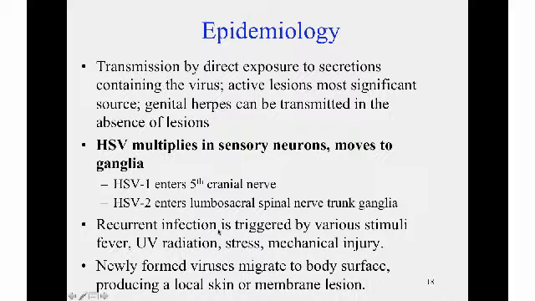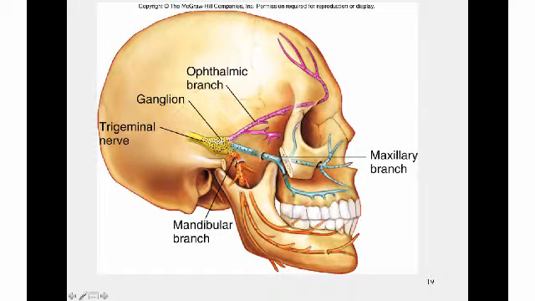And recurrent infection or recurrent outbreak is triggered by various stimuli such as fever, UV radiation, stress, and mechanical injury. And the newly formed viruses migrate to the body surface after this trigger has occurred, producing a local skin or membrane lesion. So this is the trigeminal nerve. This would be where the virus hides out in the case of HSV1 or oral herpes.